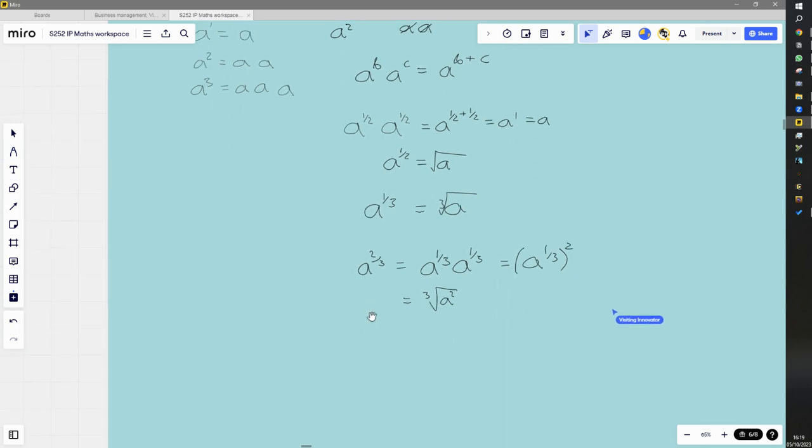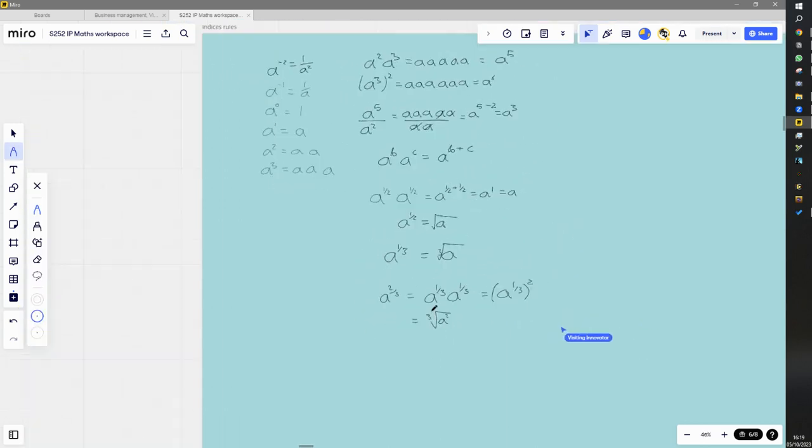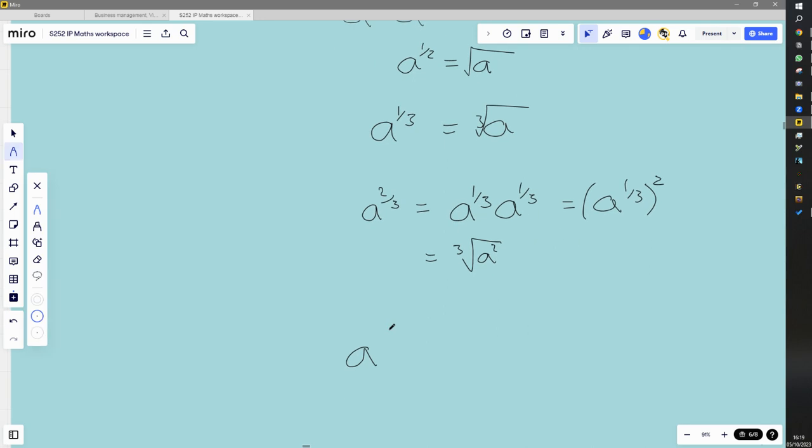So now, without proving that anymore, we've understood the rule. Maybe we could just generalize the rule now. So if I say a to the power of b over c, that would mean the cth root of a to the power of b.